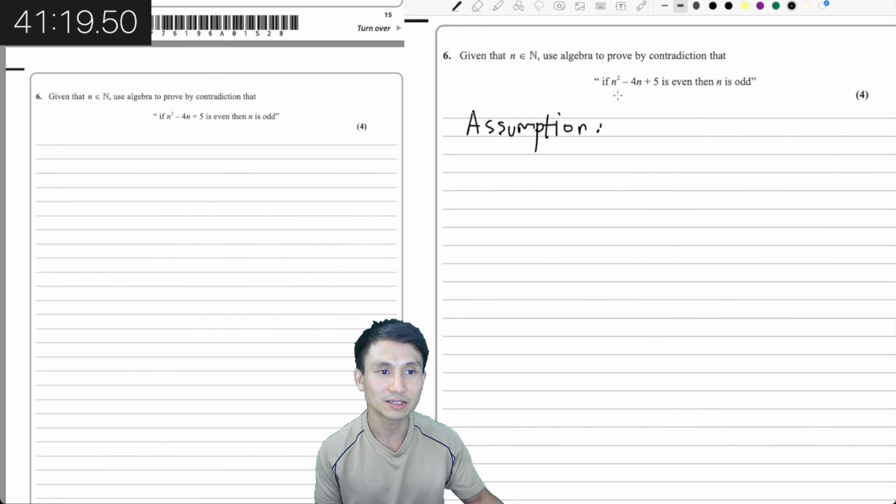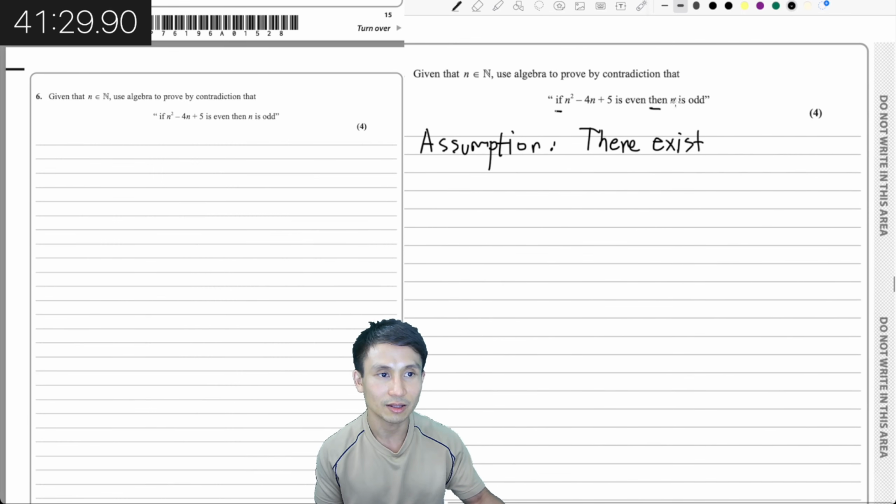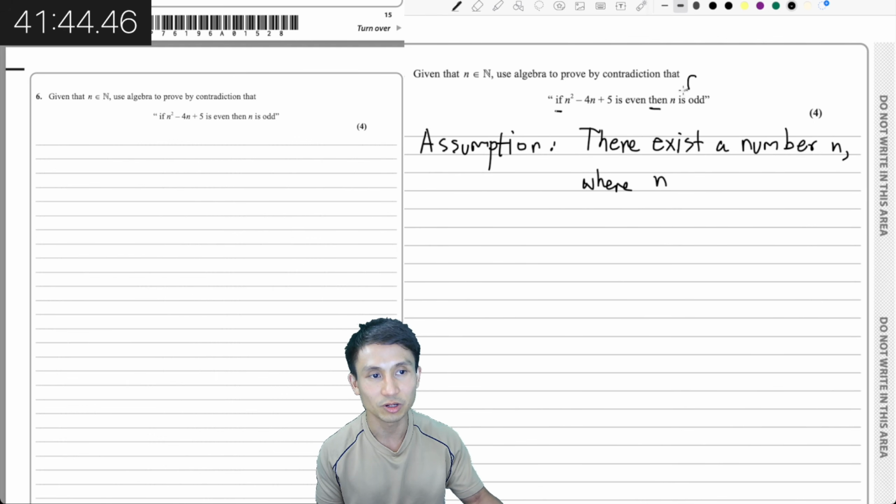So for the assumption, you've got to change the pattern of the language here, from if and then, to there exists. Okay, there exists a number n, where we write the back part first, but we put a negation, which is the opposite meaning of n is odd, where n is even.